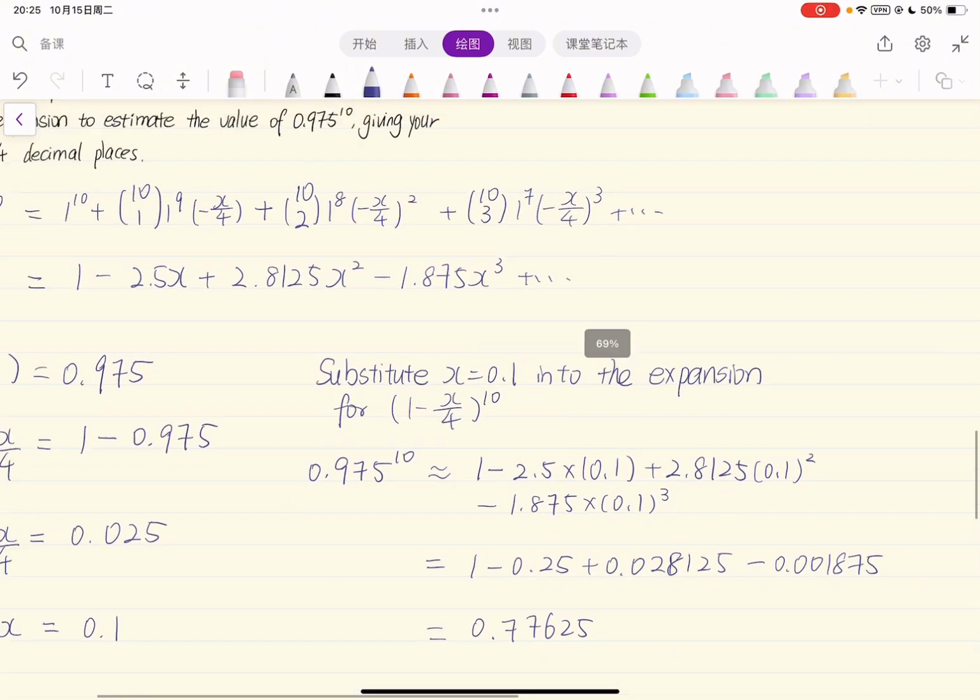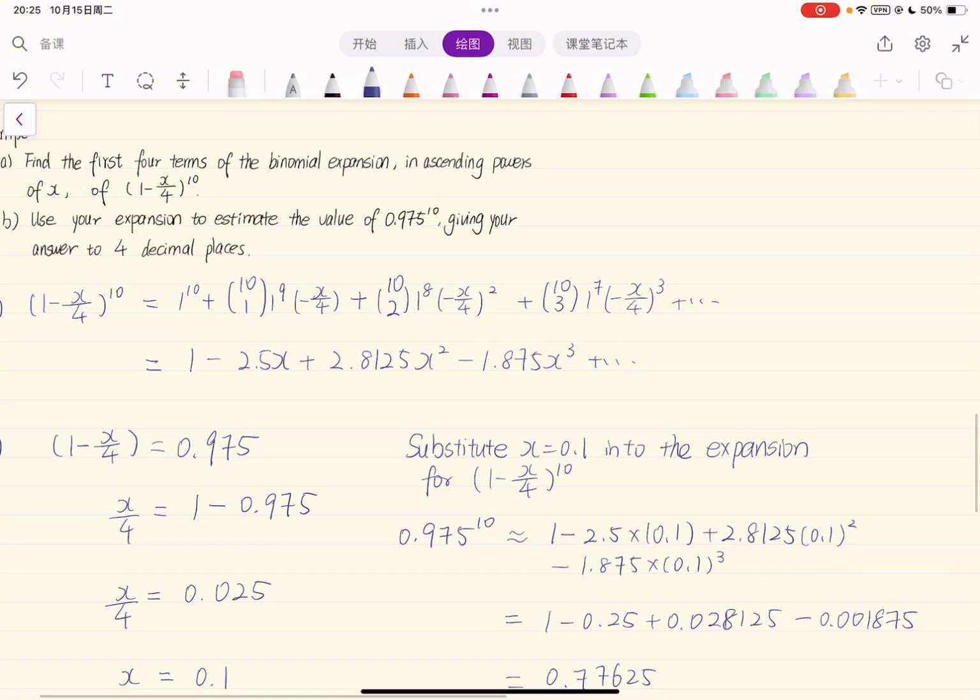And the question asks you to give your answer to 4 decimal places.